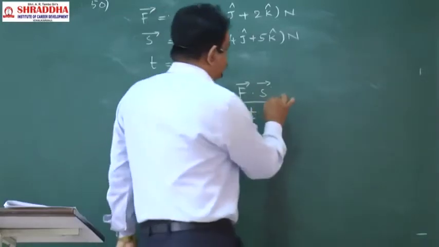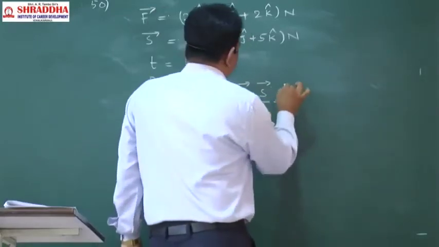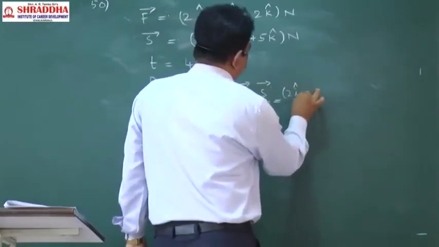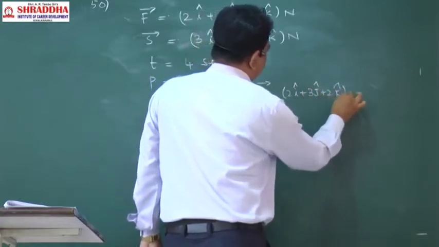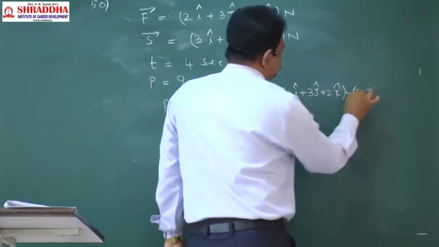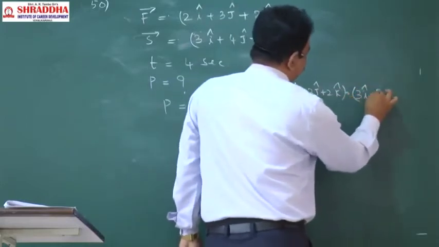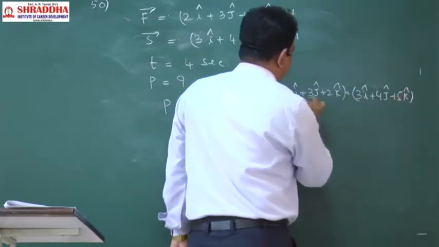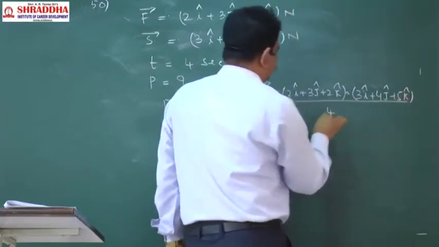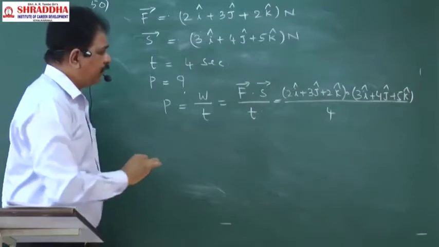Substitute that dot product: 2I plus 3J plus 2K dot 3I plus 4J plus 5K by 4. Then what we will get there?